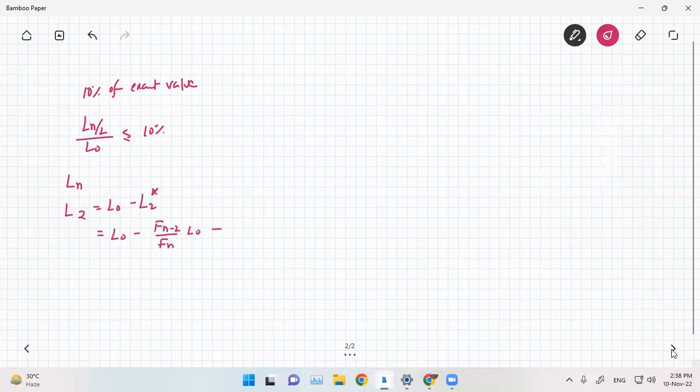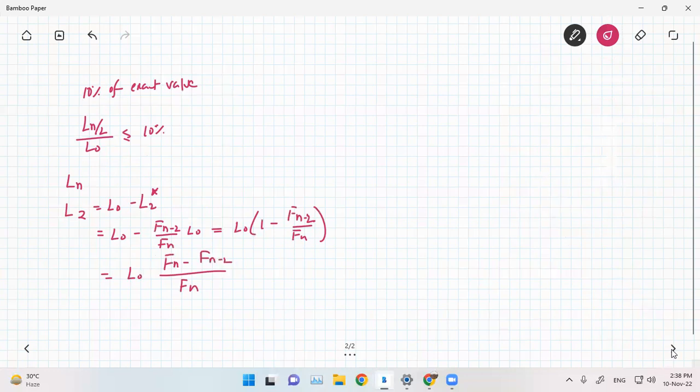So we can take the common factor of L0. So we are going to get 1 minus Fn minus 2 by Fn, which gives L0 times Fn minus Fn minus 2, over Fn.